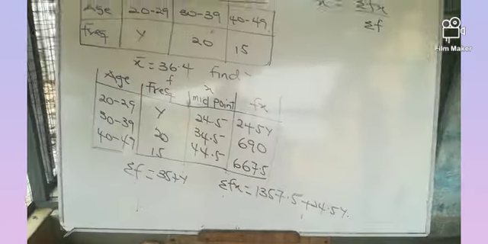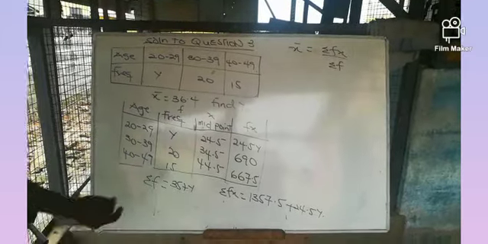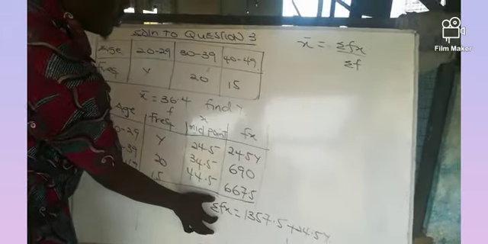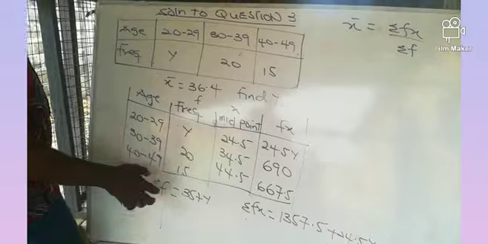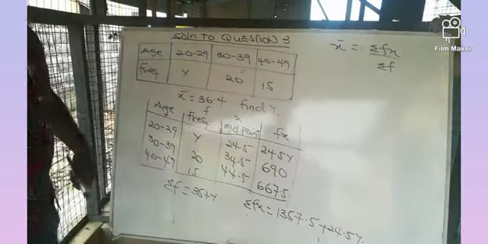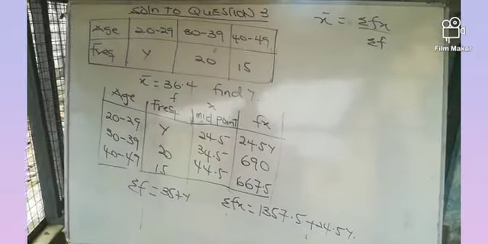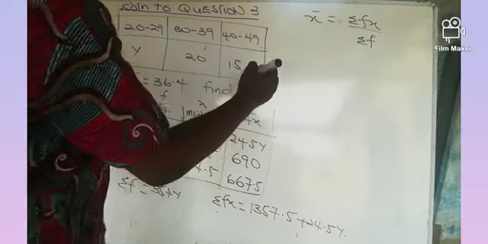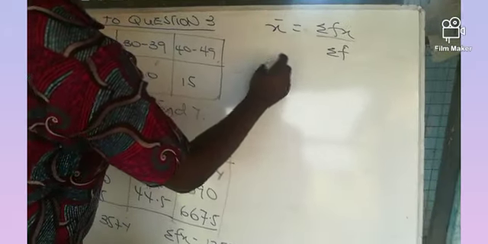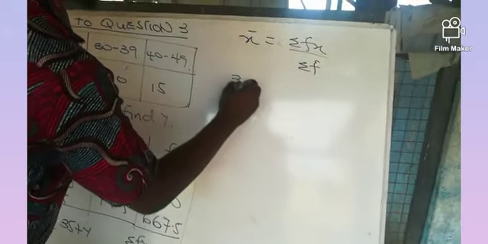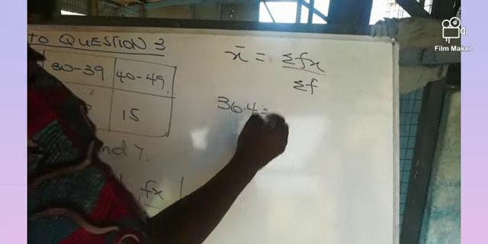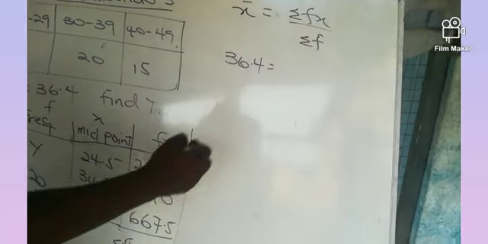So now we can substitute the summation of fx, the summation of f, and the mean into the formula, so that it will help us to find the y. So now the mean was given to us as 36.4 is equal to summation of fx.